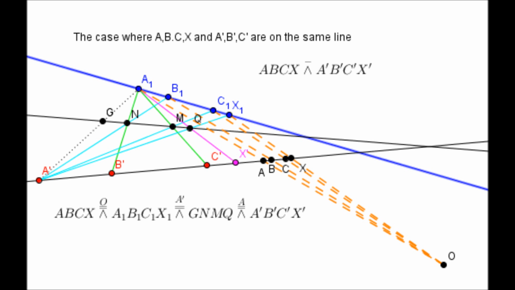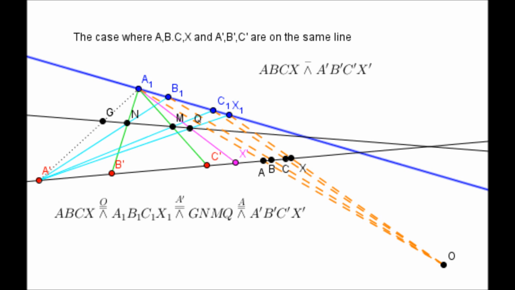point O, and we'll start off by doing a perspectivity using center of perspectivity O, which is going to send the points A, B, C and X onto some points A1, B1, C1 and X1, which are on another line.